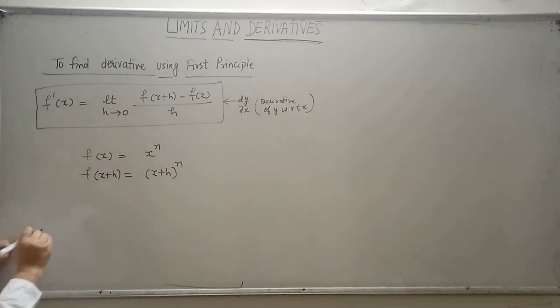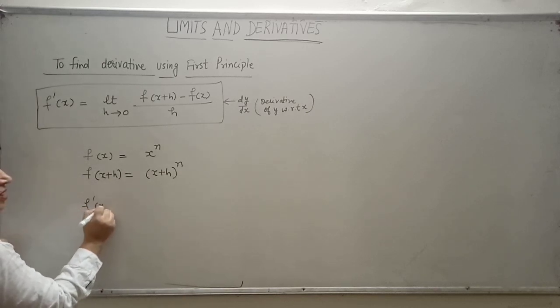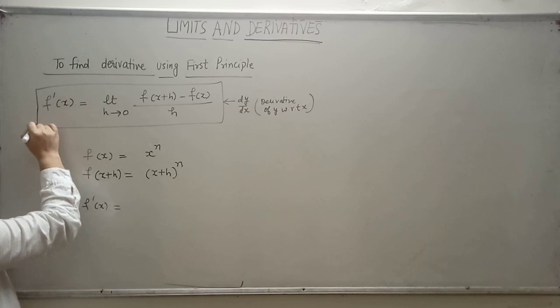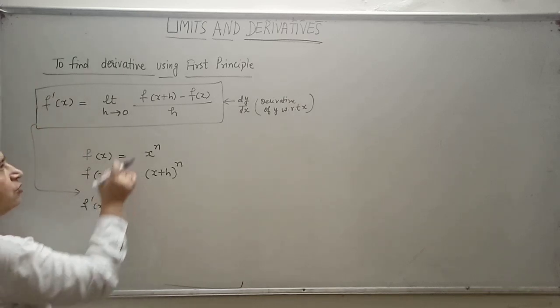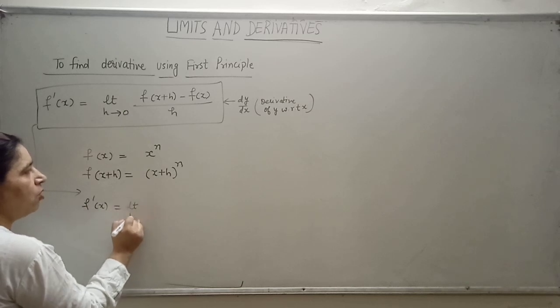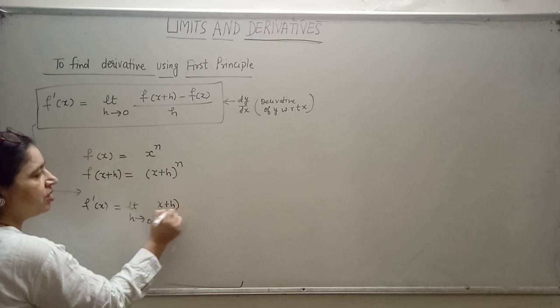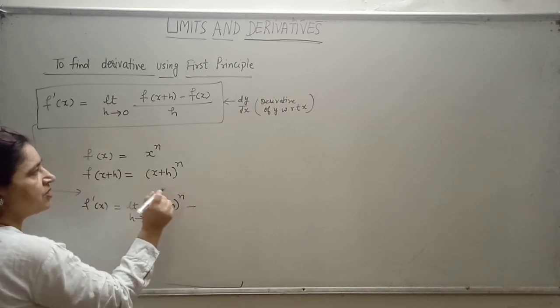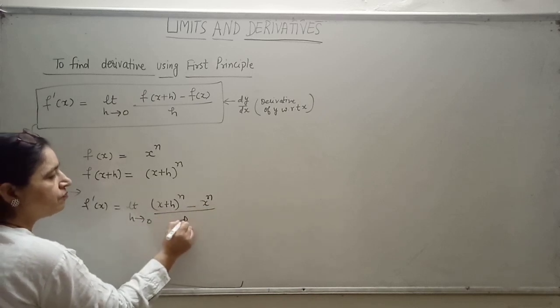Now derivative means your f dash x. Write down the formula here. After writing the formula, put the values of f(x plus h). What is that? (x plus h) raised to power n minus f(x). What is f(x)? That is x raised to power n, upon h.